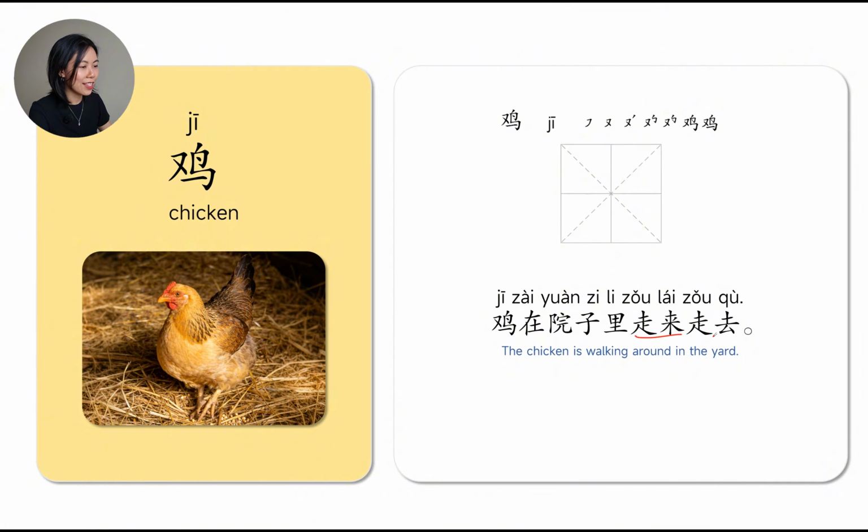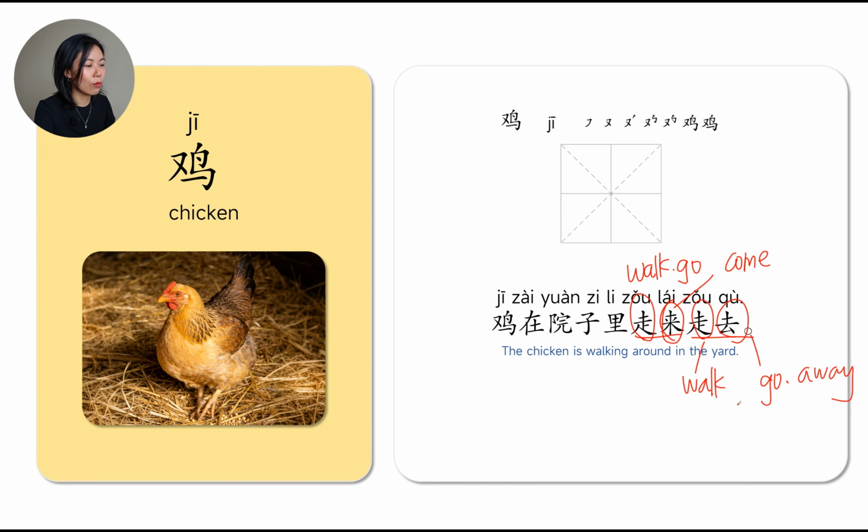走来走去. The 走 means walk and go. So 走来 is to come. Okay? 走来 which means come close, go close. 走 is to walk again. 去 means go or away. So 走去 means walk away, walk to the other place.